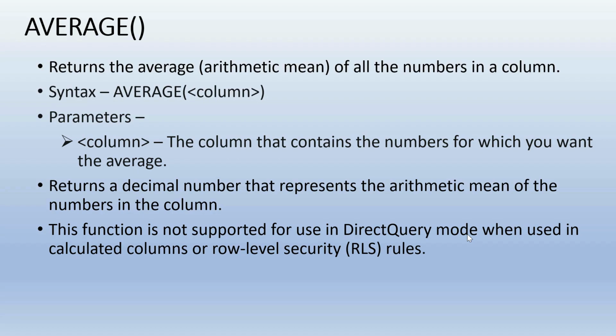That means it is always used in import mode, right? In direct query mode, when we are using calculated columns, we cannot use the average function, or whenever we are defining row level security rules, then we cannot use the average function inside direct query mode, right?